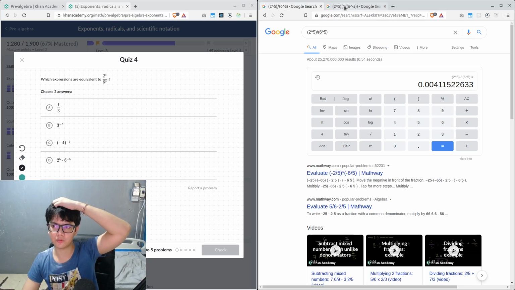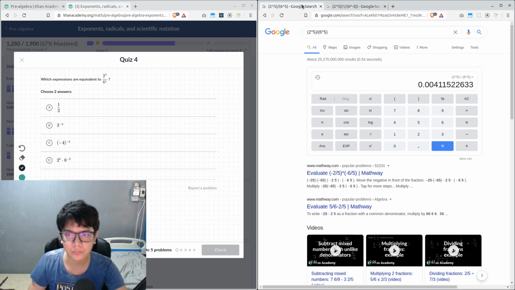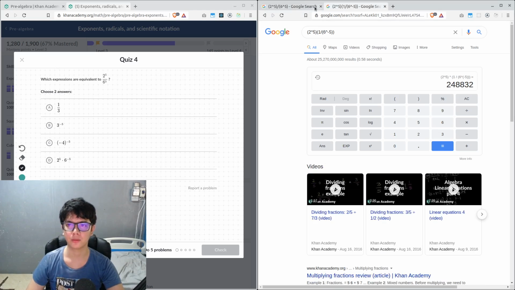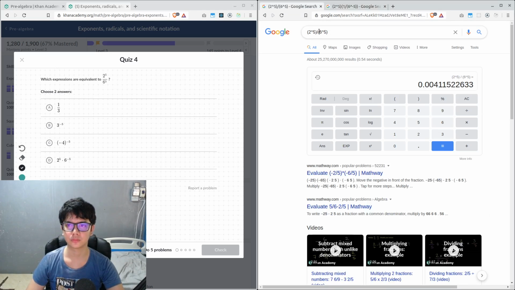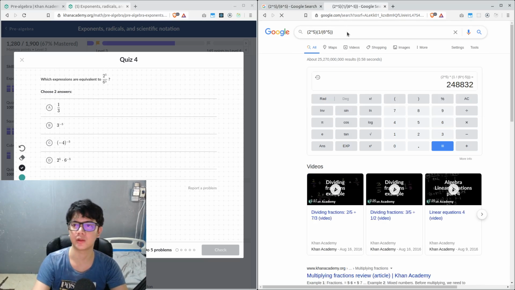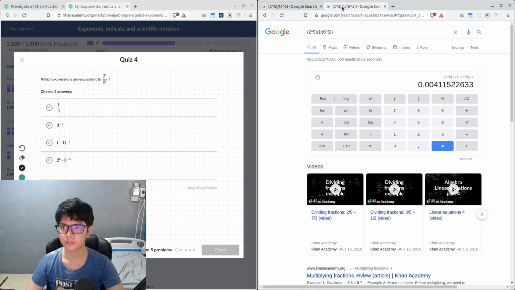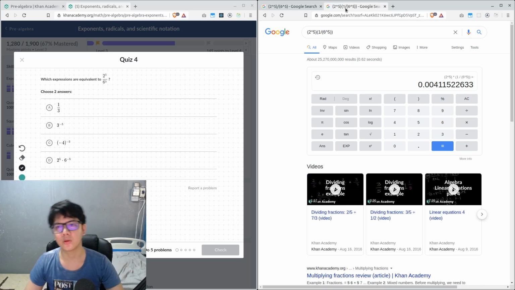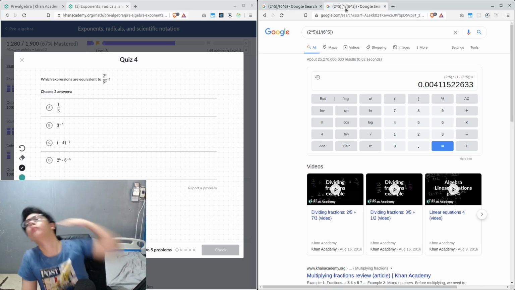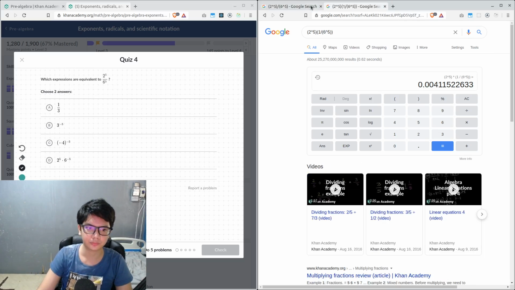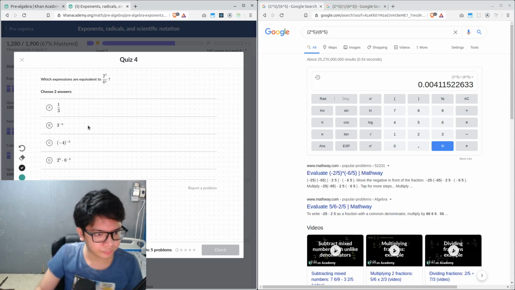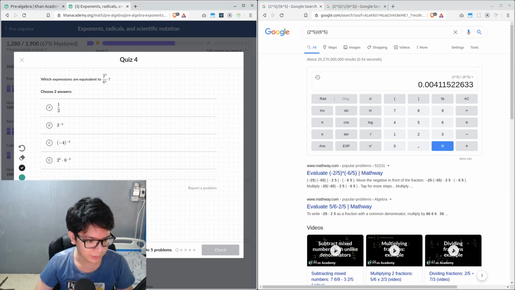The reciprocal of that is... What if I don't make this negative 5? So I guess 6 over 5 is the same as that, and it's 1 over 6.